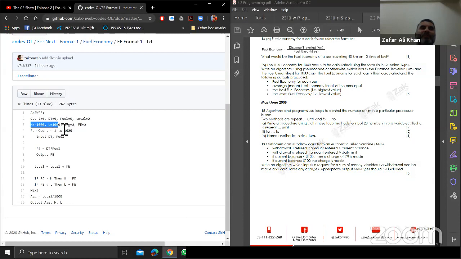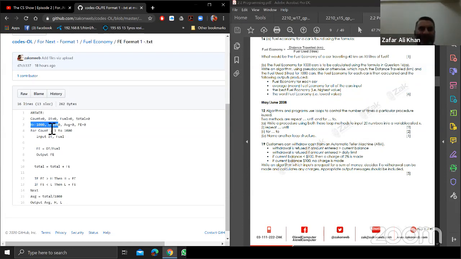CIE expects that every variable we use should be initialized first. All numeric variables other than highest and lowest are initialized to 0: count, distance traveled, fuel, total, fuel economy and average are 0. But highest and lowest are initialized to -1000 and 1000. Remember, highest is initialized to the lowest side, and lowest to the highest side.